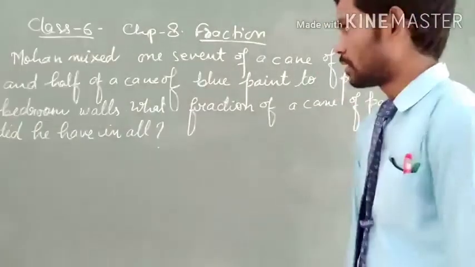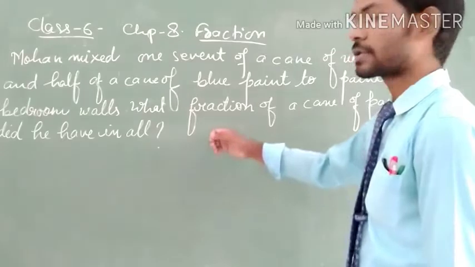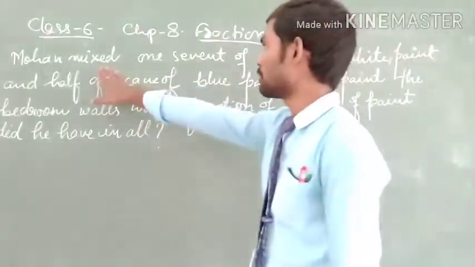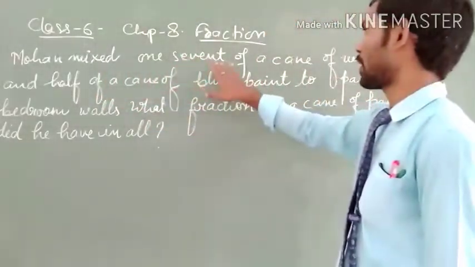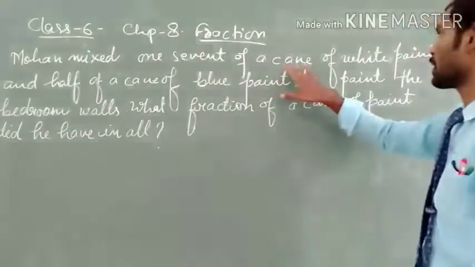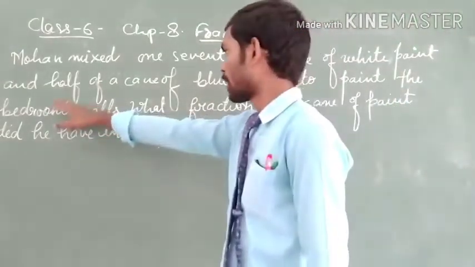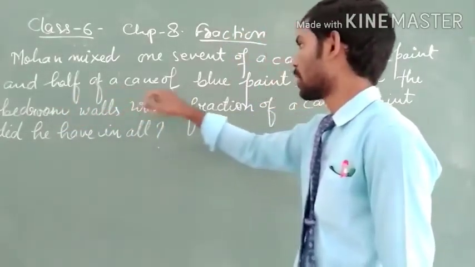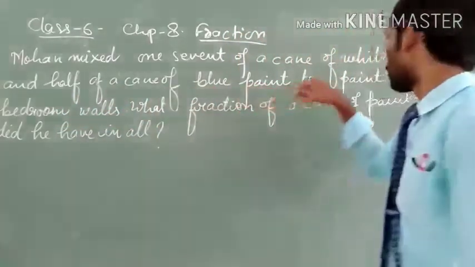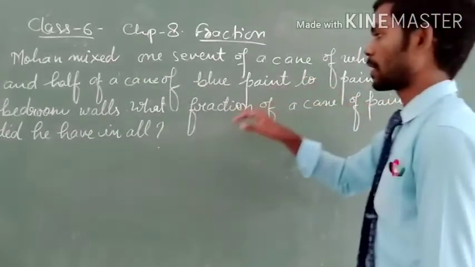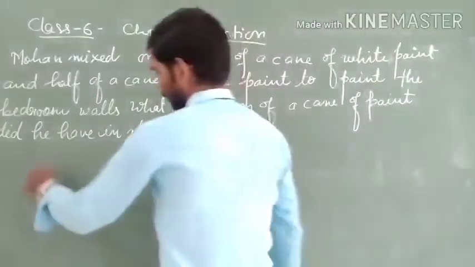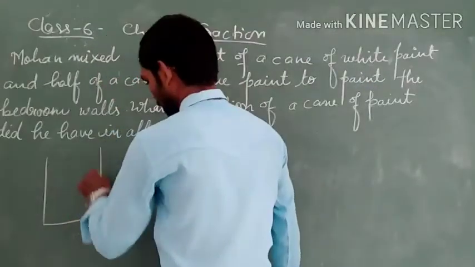First, let's see what the question says. Mohan mixed 1/7 of a can of white paint and half of a can of blue paint to paint the bedroom walls. We have two types of paint.